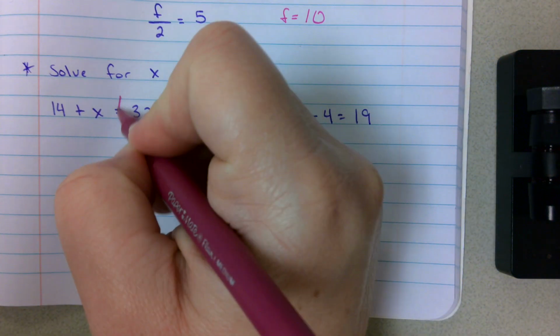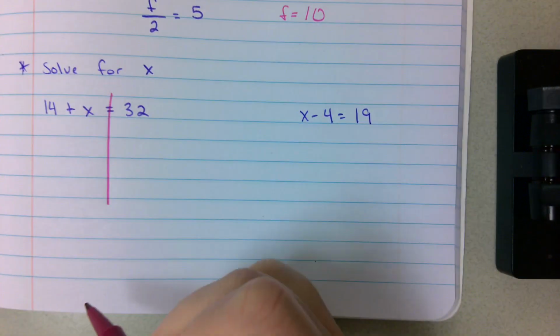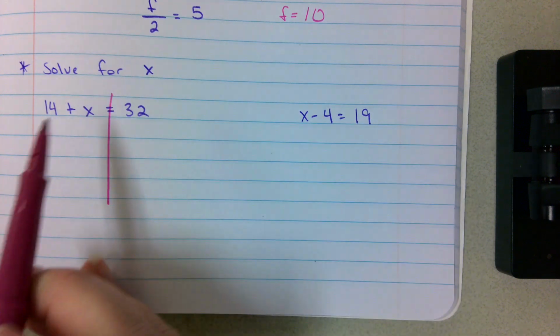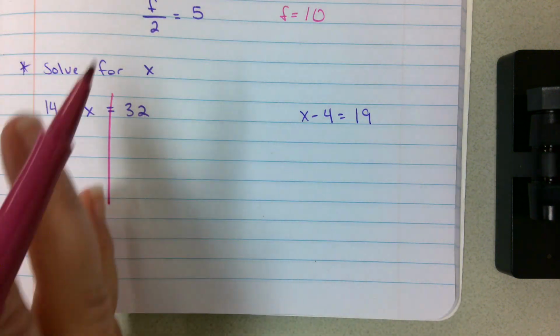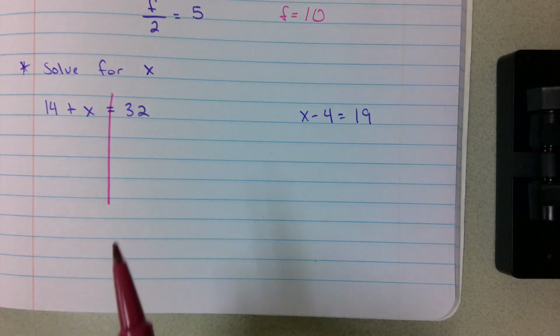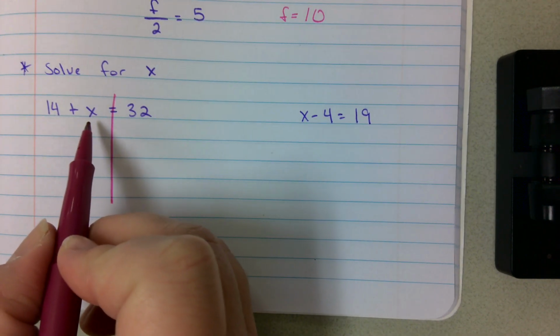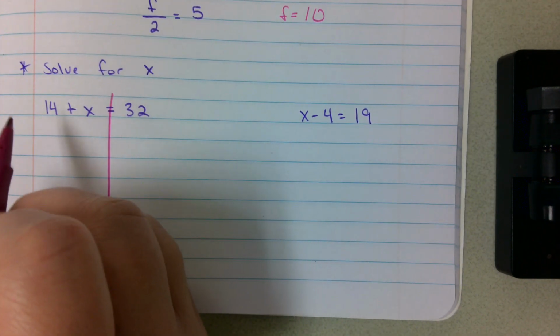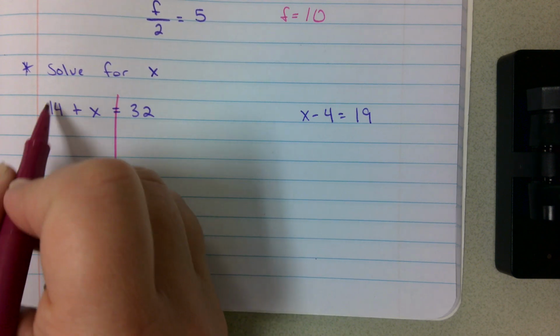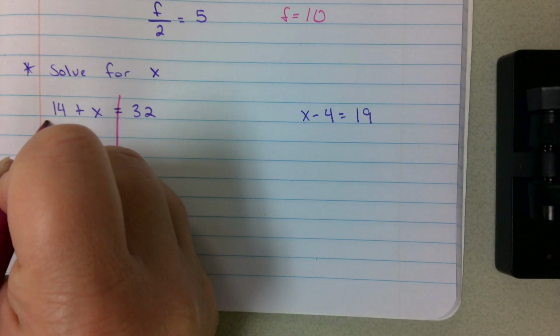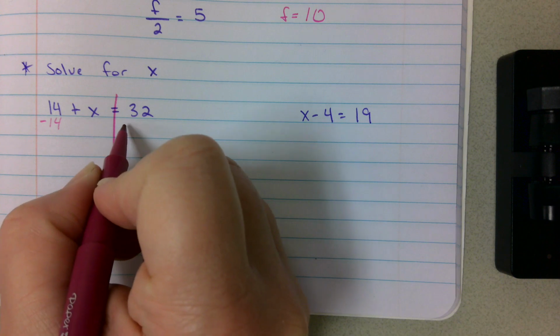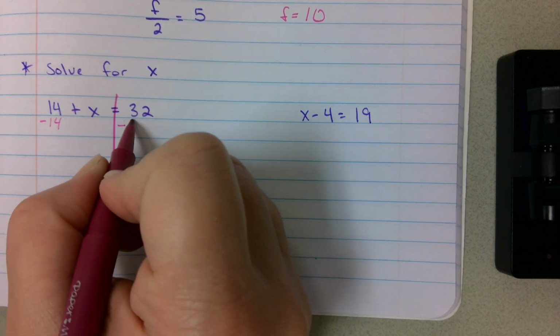All right, so on my first one here, what I like to do is draw a line down my equals because that shows me my left side and my right side of my equation. My goal is to isolate my variable, or get X by itself here. Remember, inverse operations, I have 14. To have that equal to 0, I need to subtract 14. And what I do to the left, I must do to the right to balance my equation.